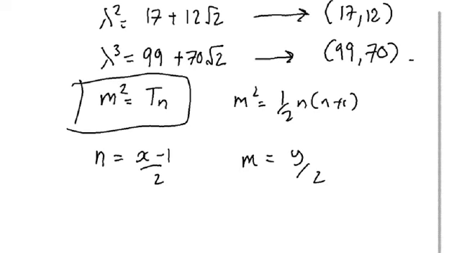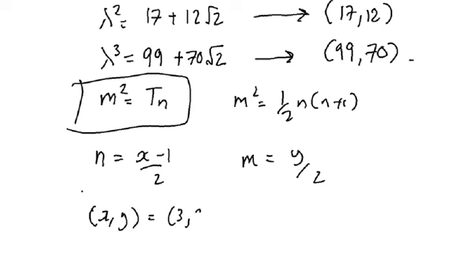Let's look at our first situation. Now we're going to look at this. If we've got solution x, y equals 3, 2, that means that n, m is equal to, okay, n is x minus 1 over 2, 3 minus 1 over 2 is 1.